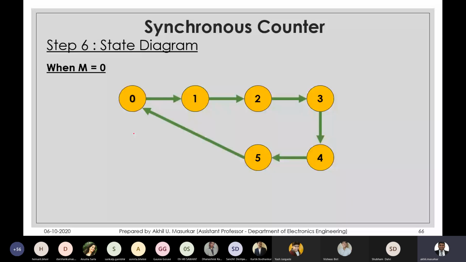That means the next states of 6 and 7 should be made 0 while up counting, and the next states of 6 and 7 should be made 5 while down counting. Again, I am repeating, while up counting, the next states of 6 and 7 should be made 0, and while down counting, when n equal to 1, the next states of 6 and 7 should be made 5.